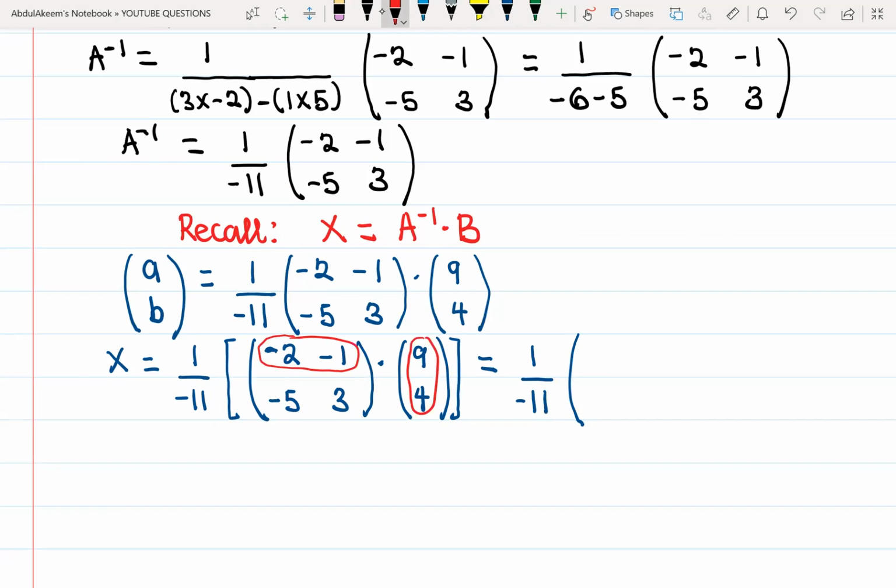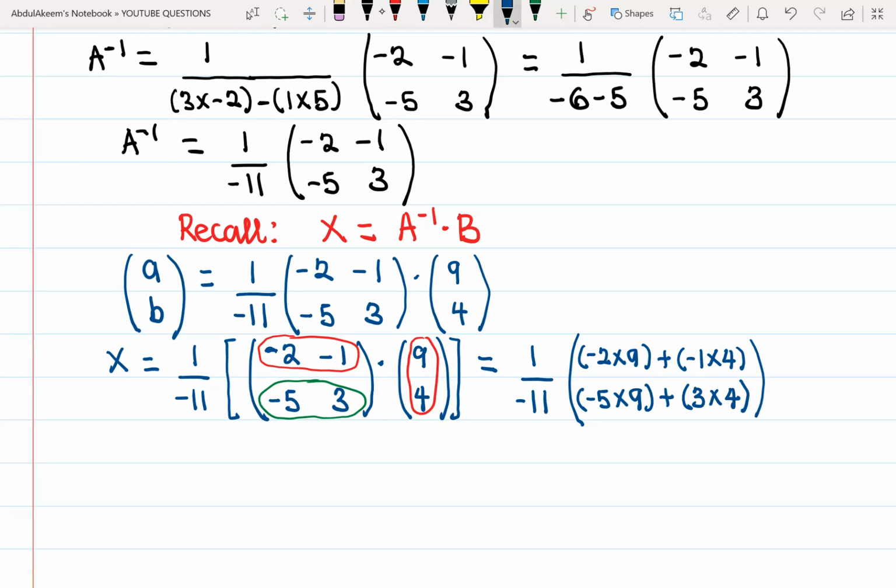That means I'll be having minus 2 times 9 plus minus 1 times 4. I'll apply the same thing for the second one too. So what will it now be? That becomes minus 5 times 9 plus 3 times 4.